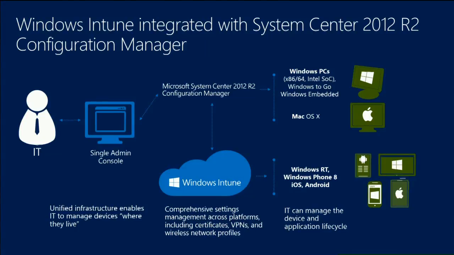All of them could still be managed through traditional Configuration Manager on-prem. And in order to manage these mobile devices, which are not going to be on the CorpNet for long, they are going to be roaming around with the users, you can use the cloud service, which is Windows Intune, and the cloud will follow the users wherever they go. So that's the basic gist of using Windows Intune with Configuration Manager.